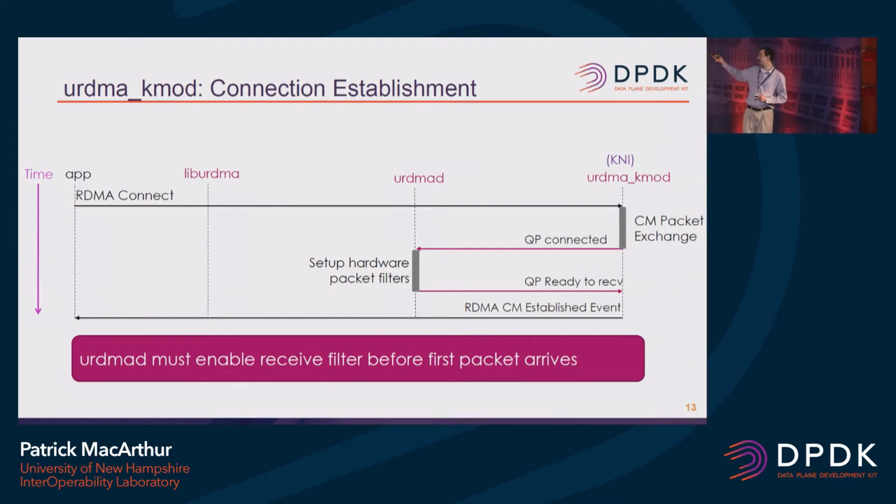Once it decides that this is going to be a connection, our kernel driver sends a message to the DPDK master process telling it to set up the hardware filters. Once those are set up, it sends a message back to the kernel module telling it that it's okay to send the established event back to the verbs application. This exchange needs to happen this way to ensure that the receive filter is active before the first packet arrives.